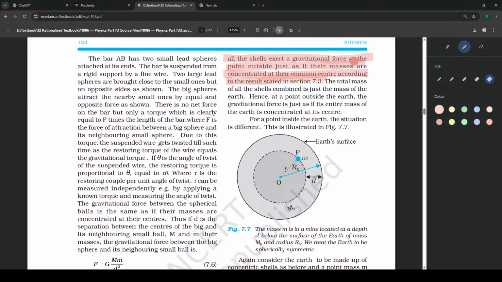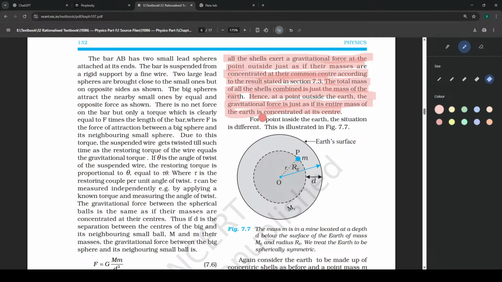All the shells exert a gravitational force. Earth's shells exert a gravitational force at the point outside, just as if their masses are concentrated at their common center. The total mass of all the shells combined is just the mass of the Earth. Hence, at a point outside the Earth, the gravitational force is just as if the entire mass of the Earth is concentrated at its center.